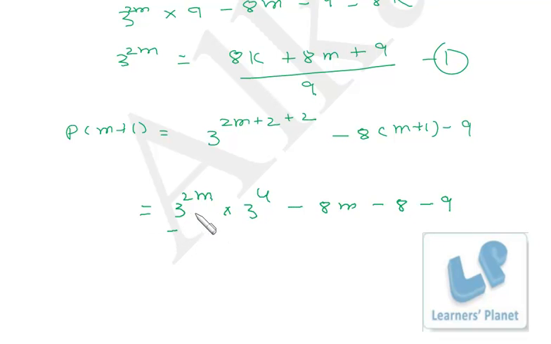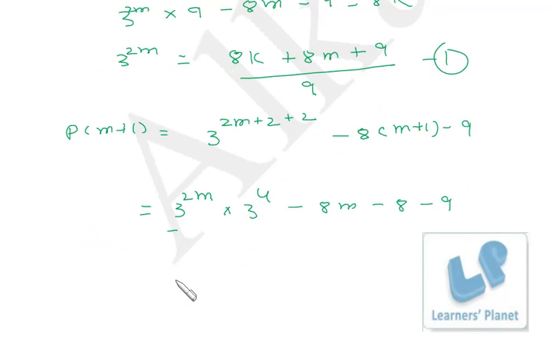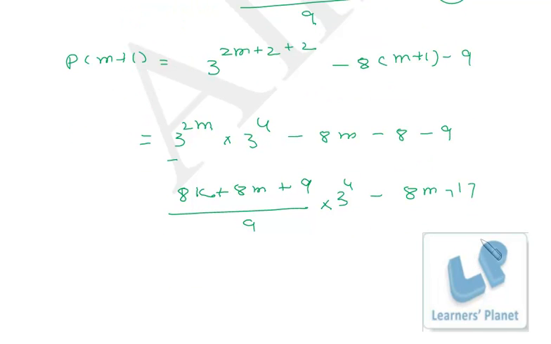Now I write down the value of 3 raised to 2m from here. So 3 raised to 2m is (8k plus 8m plus 9) by 9. Right. So I write down (8k plus 8m plus 9) by 9 into 3 raised to 4, minus 8m minus 17. Okay. So this is 9 and this is 81, so it is 9 over here.